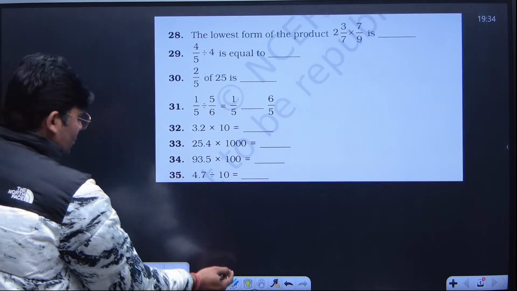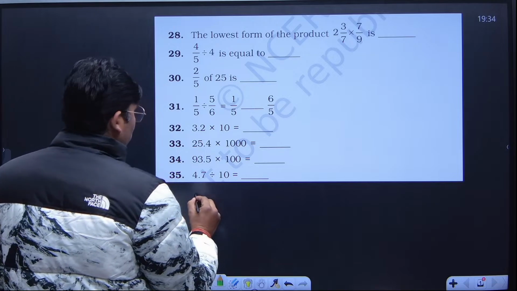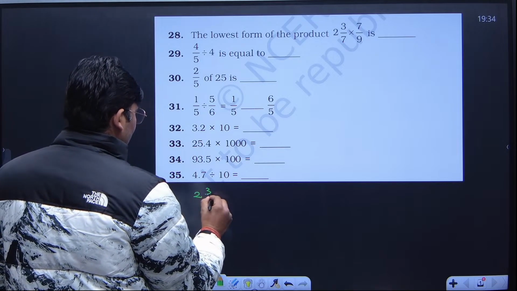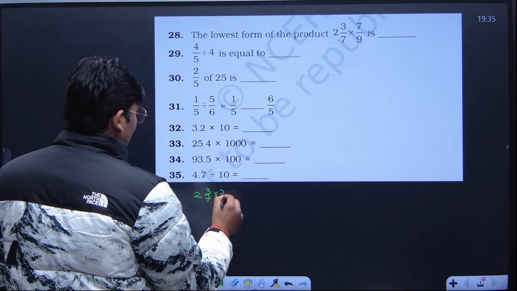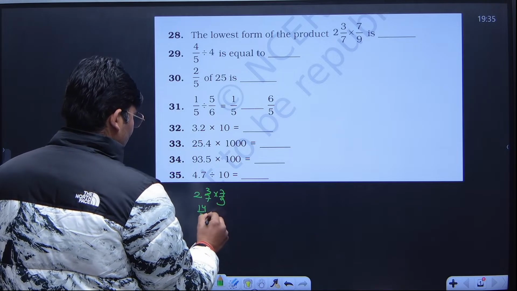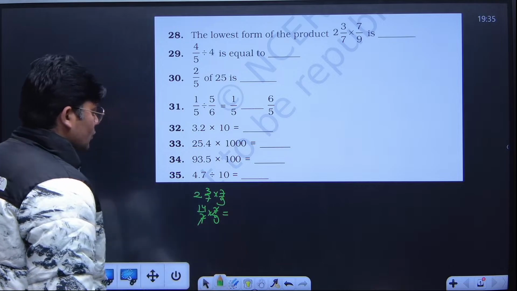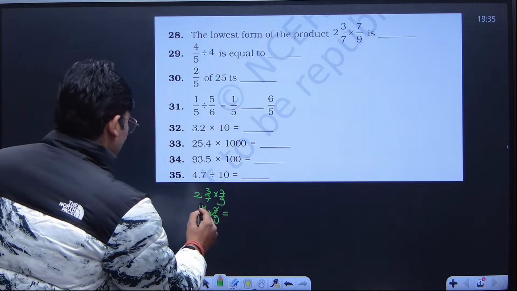The lowest form of the product 2 3 by 7 into 7 by 9 is? 2 1 by 3. 14 3 17.